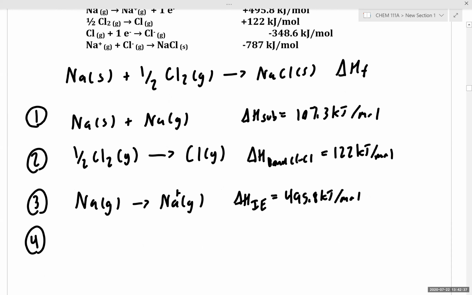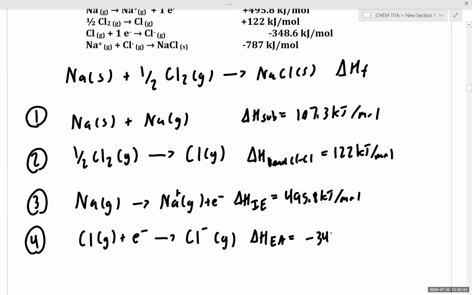For step 4, we're going to take chlorine in the gas phase, and we're going to pick up an electron to generate chloride in the gas phase. This is the enthalpy of electron affinity, which is negative 348.6 kilojoules per mole.